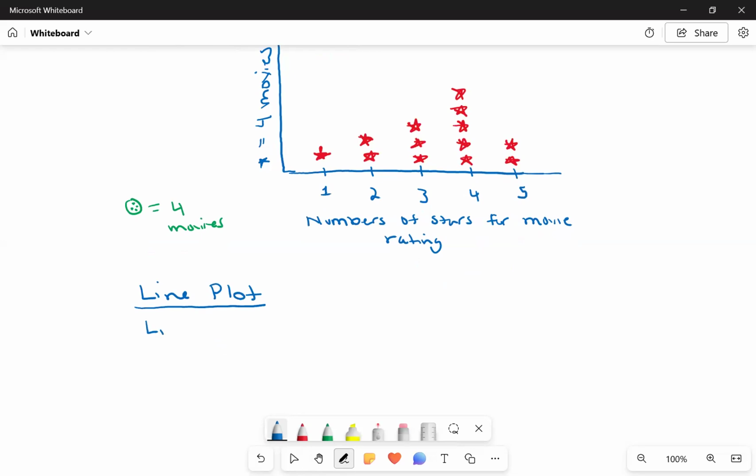Like a bar graph, but uses an X to represent one individual in each category.